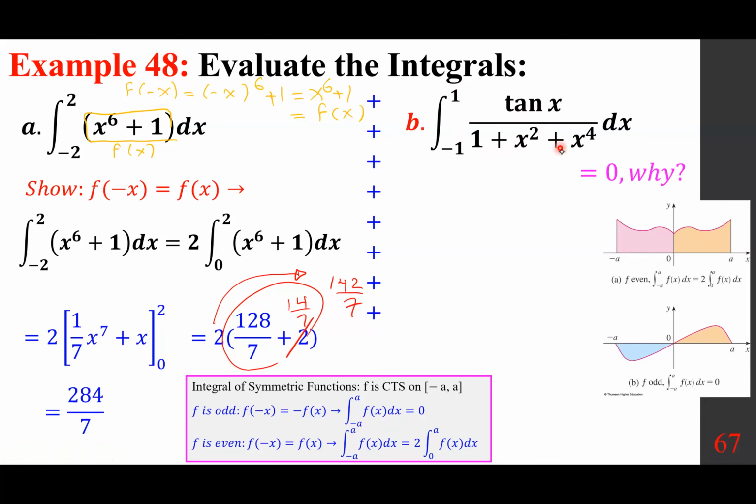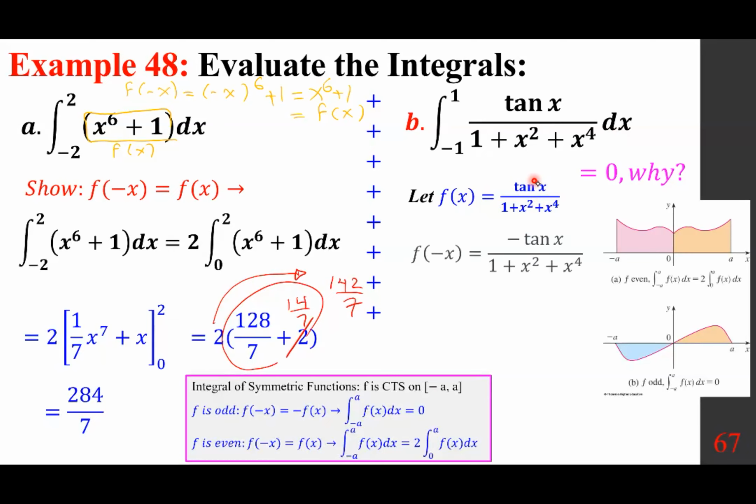So let f of x be this function without the dx, of course, and calculate f of minus x. If I change the x to minus x, f of minus x is tan of minus x over 1 plus minus x squared plus x to the power of 4. The denominator doesn't change, but the top becomes minus tan x.